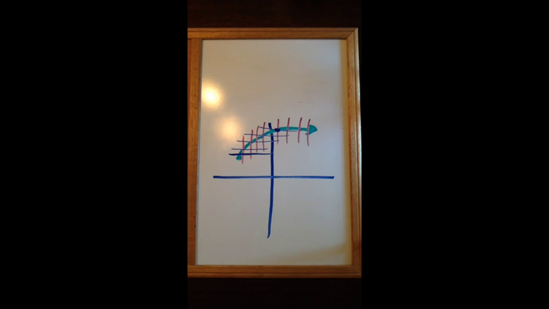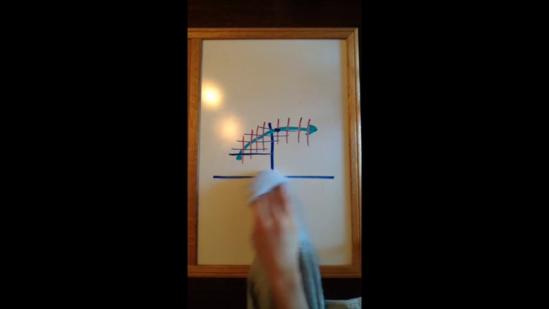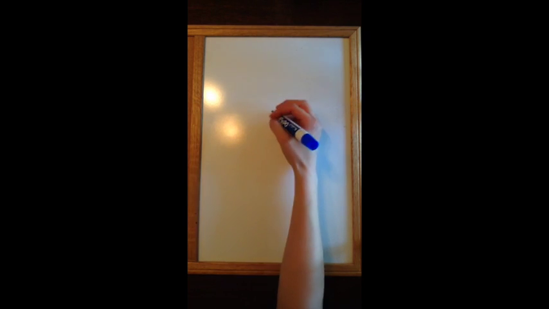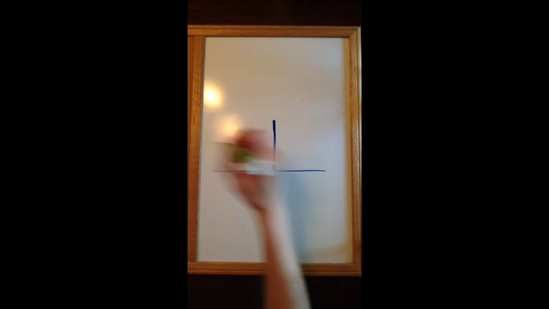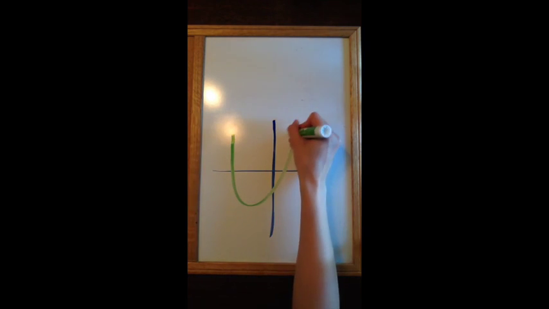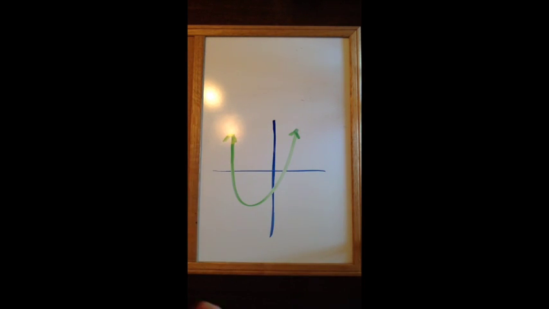So if we take a look at another graph, let's say we have this graph of a parabola. That was not a greatly drawn parabola, but it will work for our purposes. If I were to draw a vertical line anywhere, it would pass the vertical line test, which means that the parabola is a function.